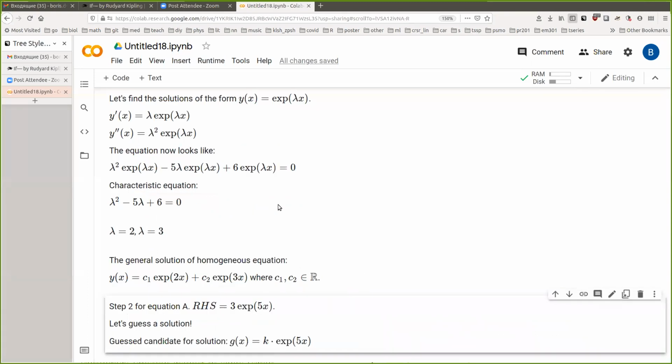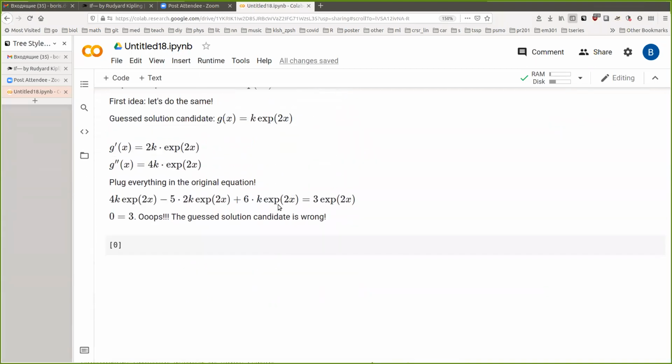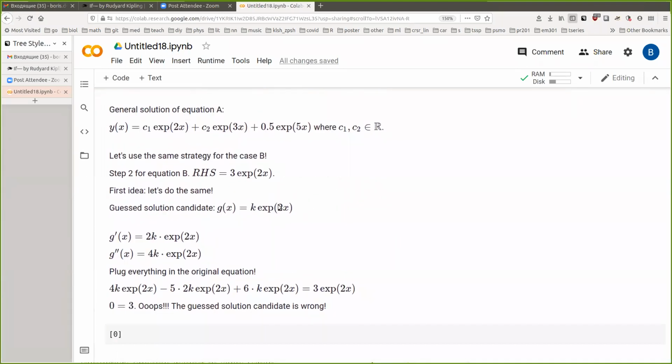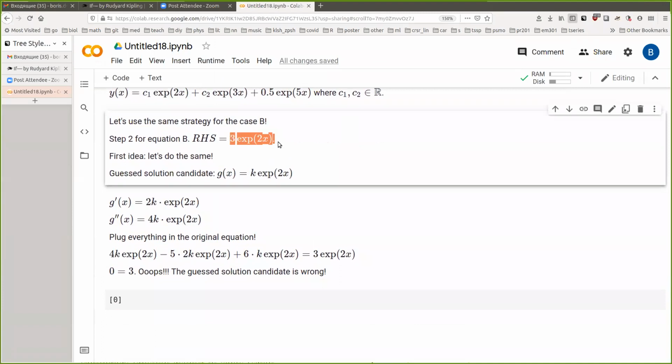And our goal now is to have 3 exponent of 2x. So we cannot multiply it by constant. We need to multiply it by something trickier. And the idea is to multiply not by a constant, but by a function.